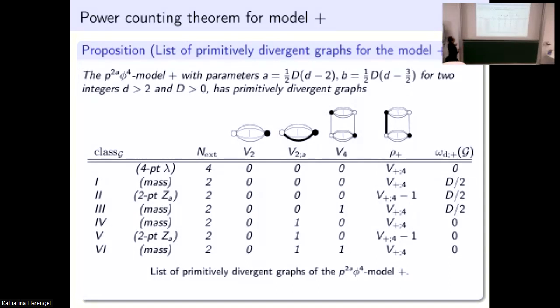Omega is the superficial degree of divergence. So these are either logarithmically divergent or divergent in D over 2. For example, if I look at the class 2, these guys would renormalize the 2-point coupling ZA.